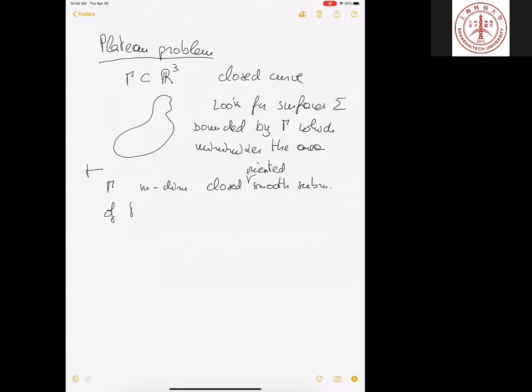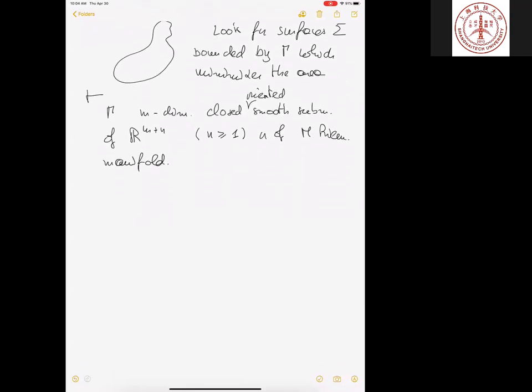of either the Euclidean space, which I'm going to denote by R^(m+n). So in particular, n can be actually much larger than 1, or of some Riemannian manifold M. Okay, and ideally, by the fact that I want to solve it in the category of oriented surfaces, what I would really like is something like this.